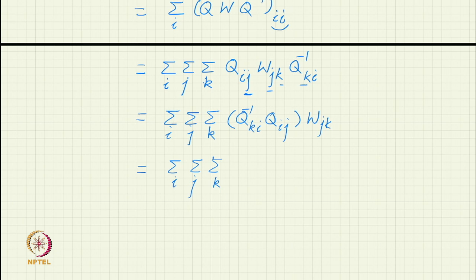But now since Ki, Q inverse Ki into Qij with i running from 1 to 3, what will that represent? Yeah. So let me just write one more step. So that will be Q inverse Q Kj.